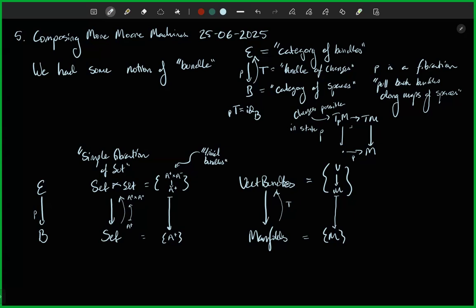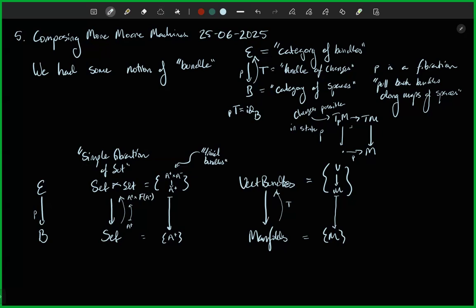But in the discrete case, we have a Moore machine. In the discrete case, a change will be what is the next state. Now note that if you wanted to, you could actually put a functor in this second component here, which we talked about earlier, and get other kinds of changes.